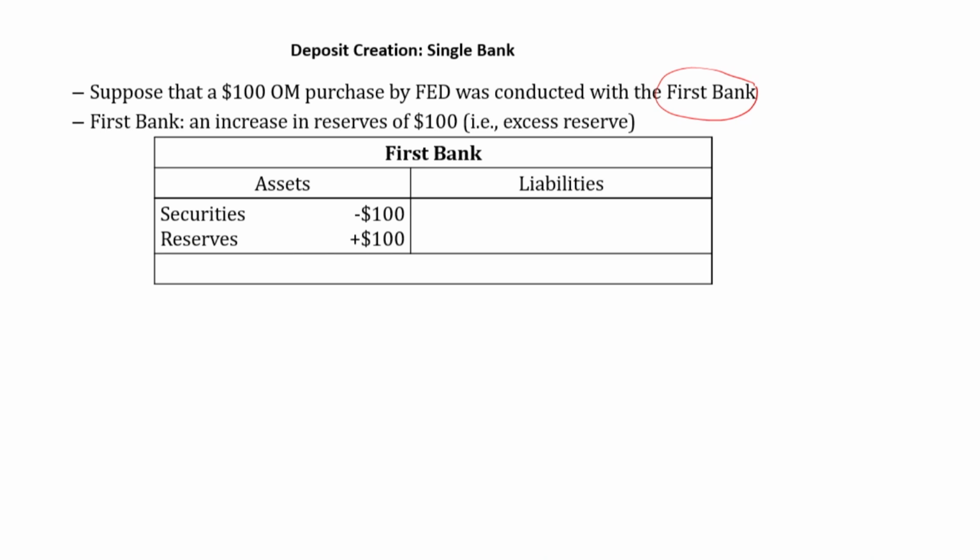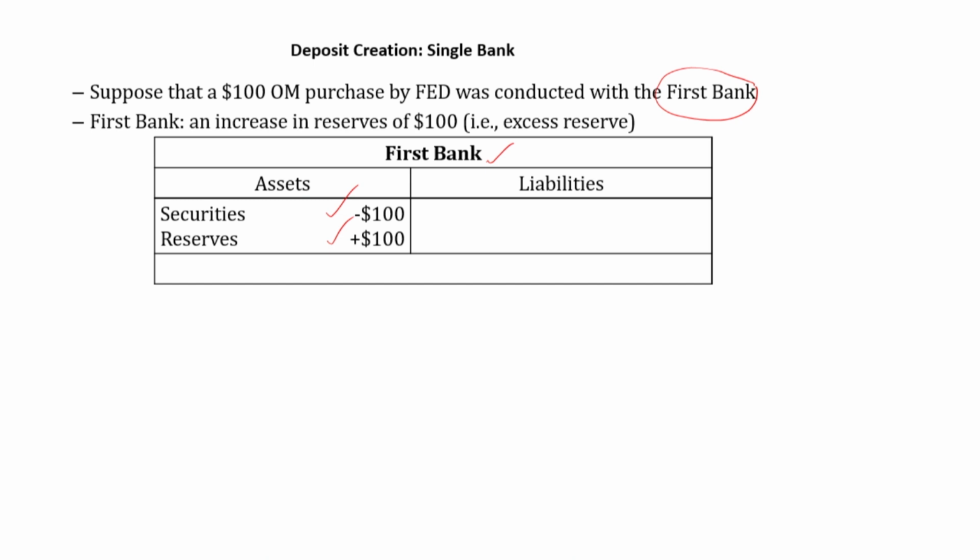What is going to happen here, we have seen earlier as well. On the first bank's asset side, there is a decline in securities, but there will be an equivalent increase in reserves. Reserves, we have seen, are part of the monetary base.